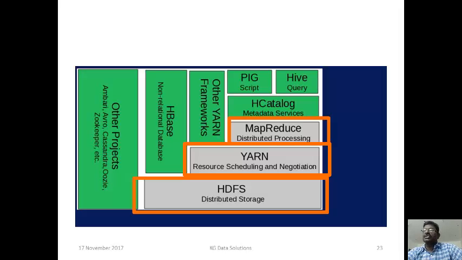There is no resource for the application to run. The handling of those resources, which is basically CPU or memory or hard disk space, is done by YARN. And next is MapReduce. What is MapReduce? MapReduce is a Java or a processing language. So MapReduce, YARN, and HDFS are the three components.